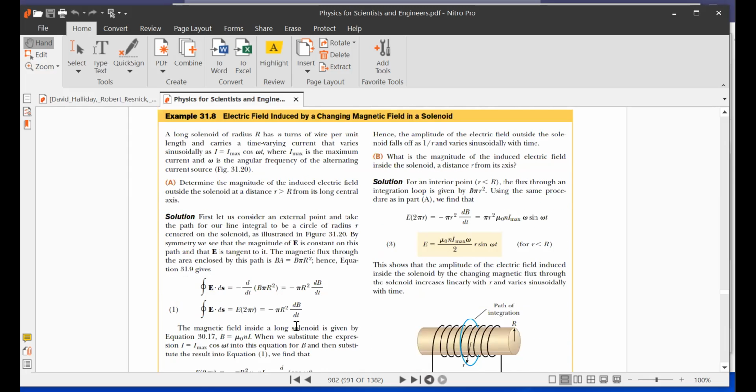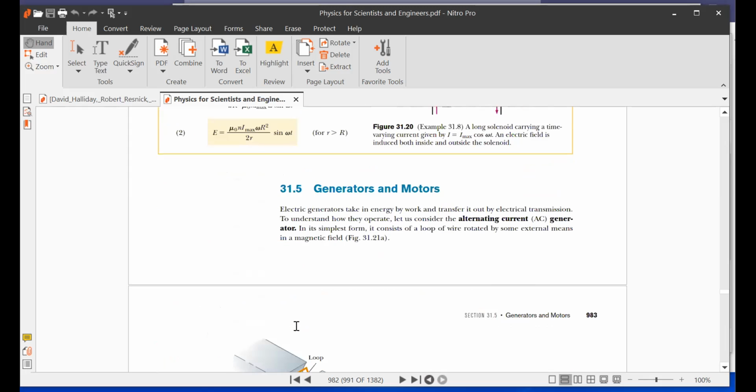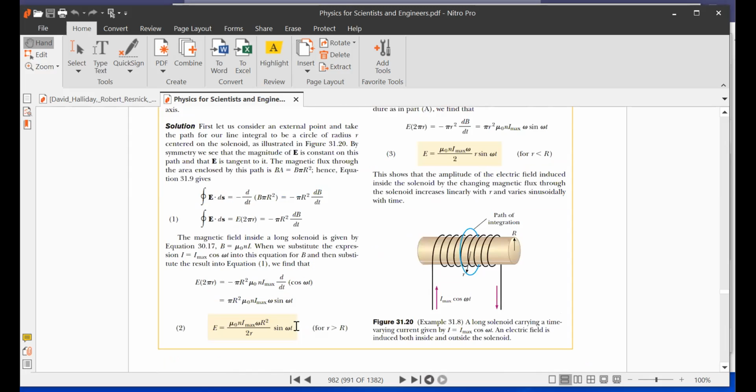This implies that the flux also depends on time. If we differentiate with respect to time, we get E times 2πr equal to this, and then we get the induced electric field outside the solenoid. Is there any question?